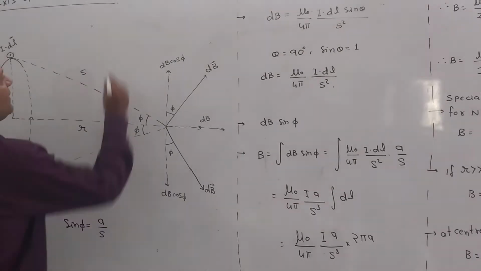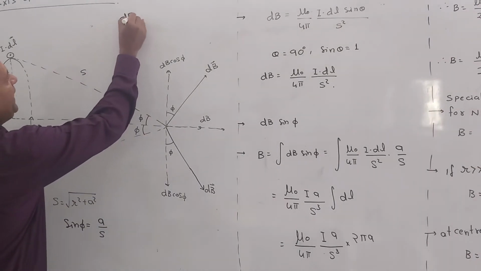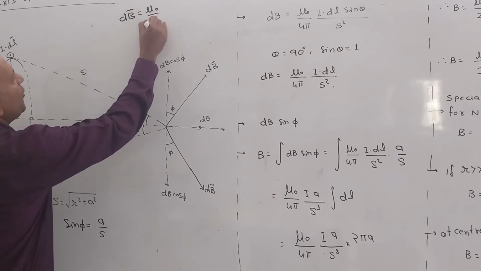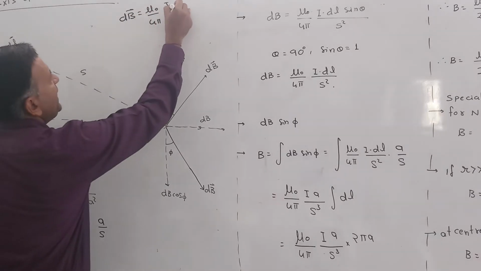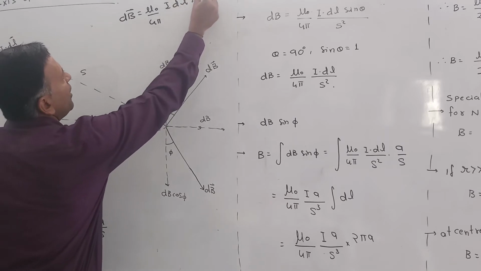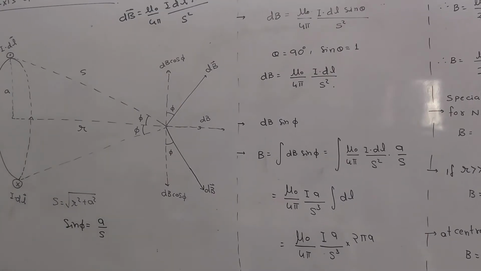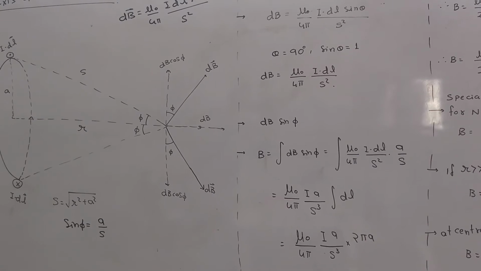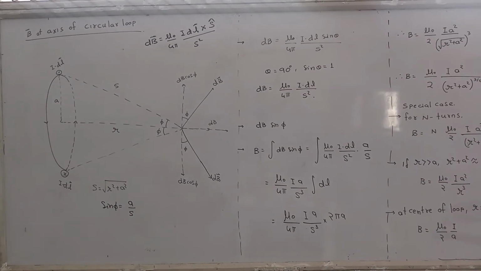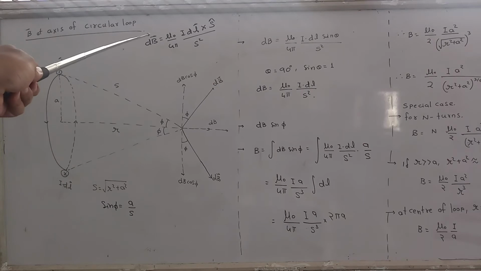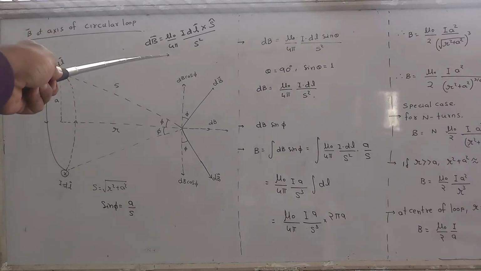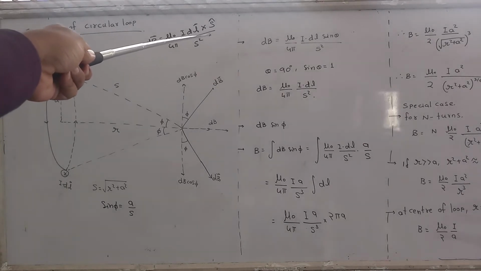It is given as dB is equal to mu 0 by 4 pi, I dl cross S cap over S square. This means that the direction of magnetic field is perpendicular to dl and it is perpendicular to S. dB is perpendicular to dl and dB is again perpendicular to S.